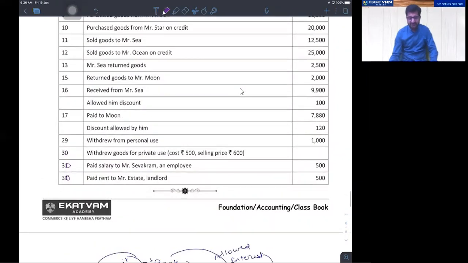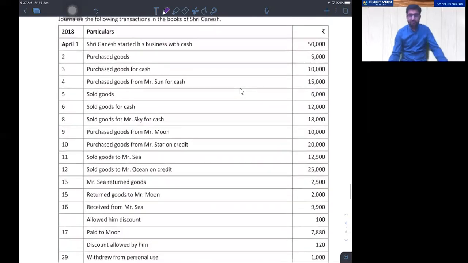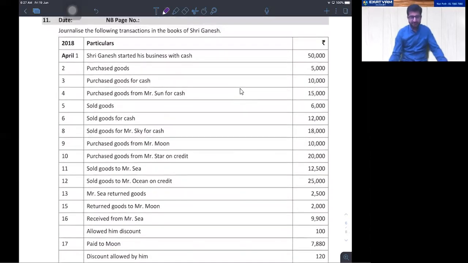Some cash transactions, some credit transactions. For all these transactions, we will first make the journal entries, and based on those journal entries, we will prepare the various ledger accounts, because with the help of those ledger accounts only, we'll be doing the balancing of those ledger accounts.